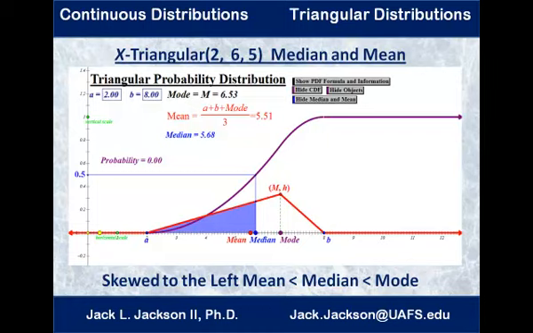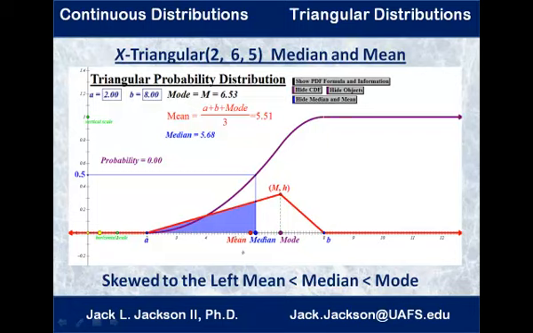And at the moment, the one you're looking at here has a mean of 5.51. Now remember, a mean is a balance point. If this triangular distribution here was filled out with solid area, then we could put a balance point right here at the mean, and it would balance out.